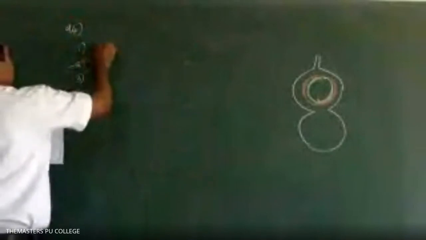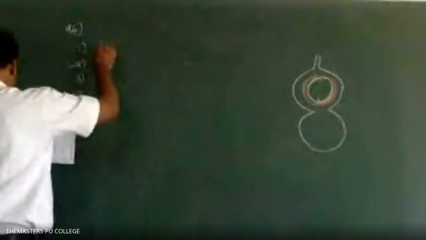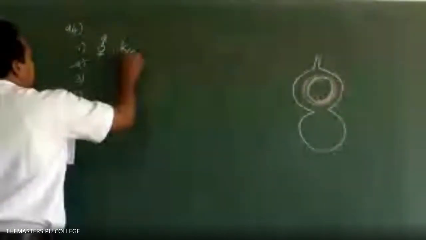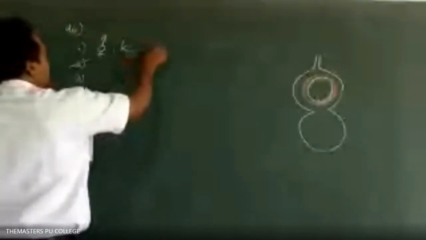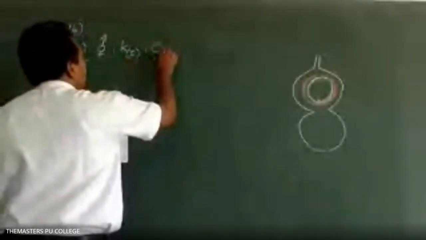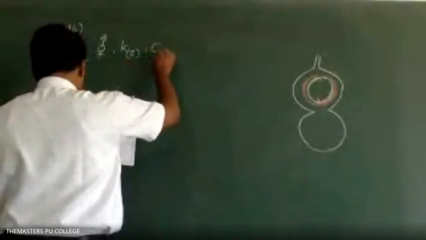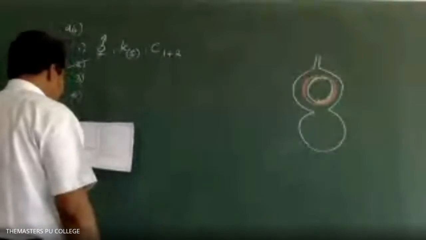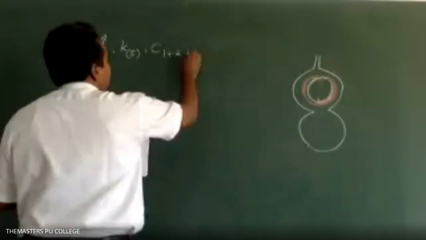Option 1: bisexual, sepals 5, calyx gamosepalous, corolla with 5 petals, one petal free, and 2 petals free, the remaining 2 petals fused.